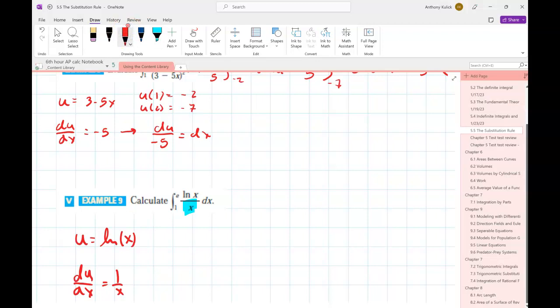So if you chose wrong, your leftovers just aren't going to work out. And you probably would know to go back and try a different u if you tried 1 over x or just x. Probably wouldn't have worked out for you very well.